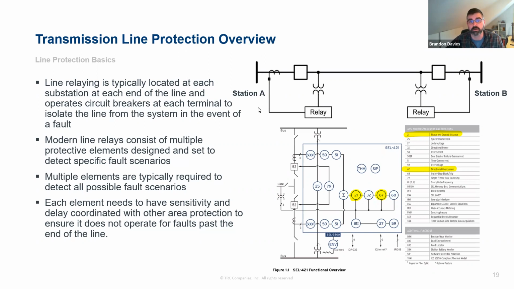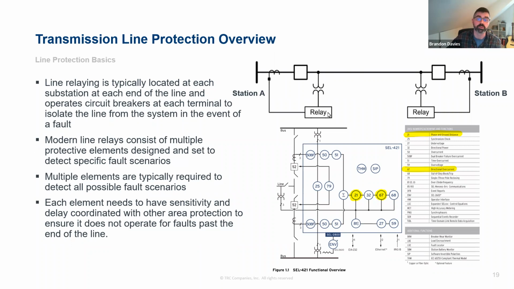So you'd have a station A on one side, station B on the other side, and each would have a relay set to protect the line and work together to provide clearing and full coverage for any fault on the line. So historically, these relays were a lot of electromechanical single function devices, but modern relays, it would be a single box per system, and they may have redundant systems.